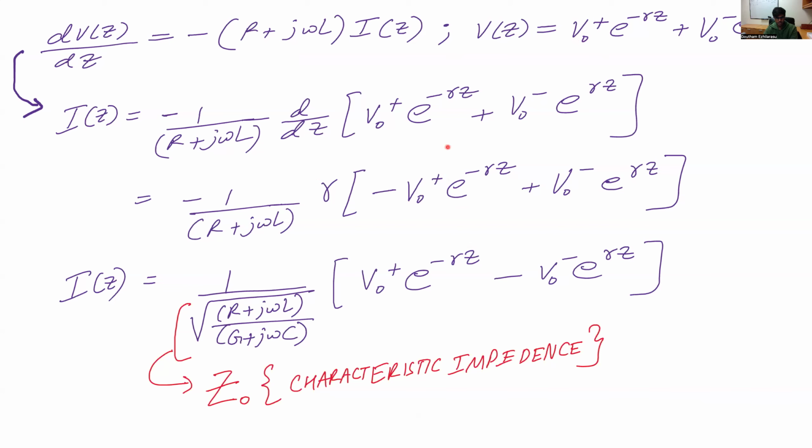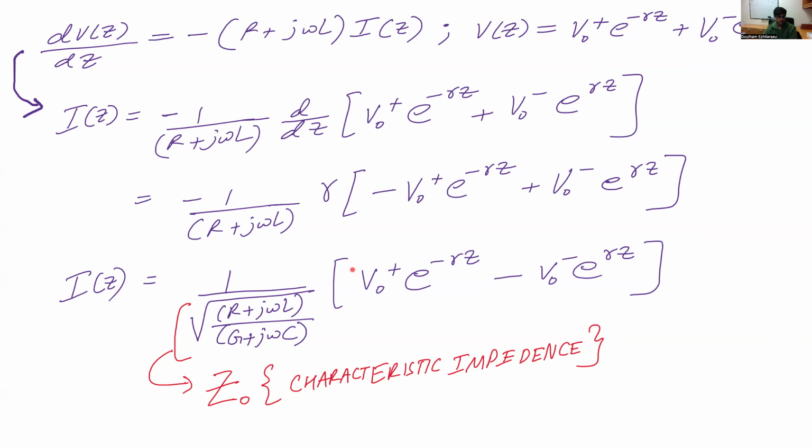So we can substitute this here and simplify, and therefore we get I(z) equal to 1 over the square root of (R + jωL)/(G + jωC) times V0+ e^(−γz) minus V0− e^(+γz).